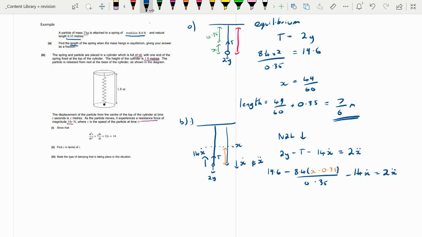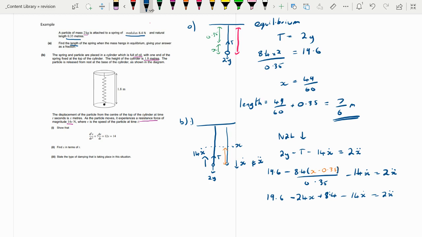Now in this scenario, I want it to look like this. So I'm going to tidy up this fraction bit first. I end up with 19.6, and then I'm going to divide by 0.35 and expand my bracket at once. I'm going to get 24x plus 8.4, minus 14x dot is 2x double dot. Now I want everything on one side. Keep your x double dots positive because it is on this side.